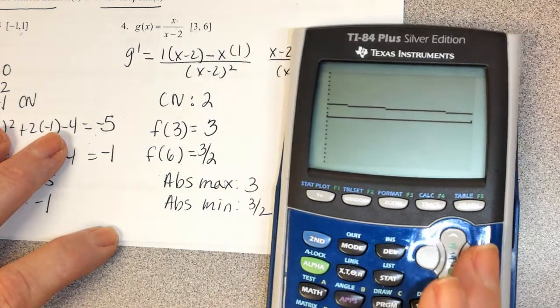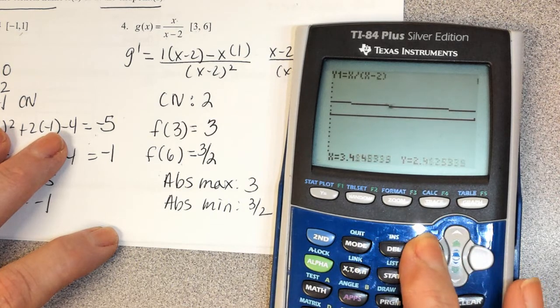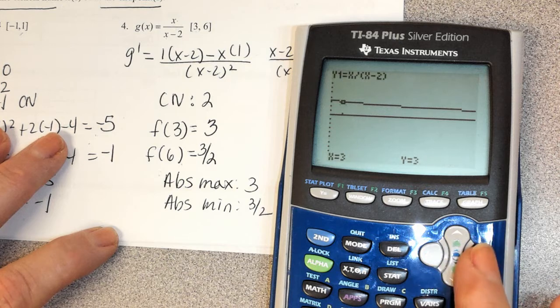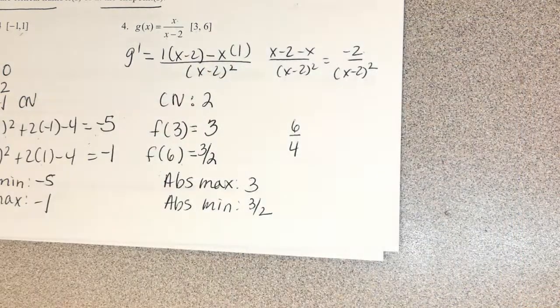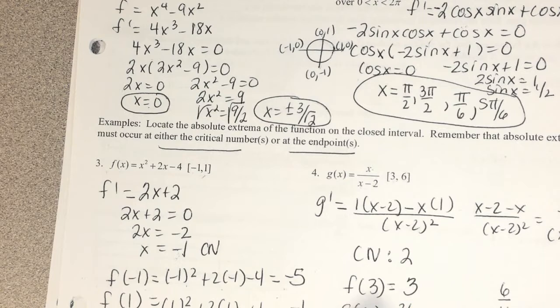And I was trying to find the absolute highest and the absolute lowest. See how if I trace it, I can see that my absolute highest point is right there when x is 3, and then the absolute min is going to be down here at 1.5. So we're only looking at a closed interval of the graph to find this.